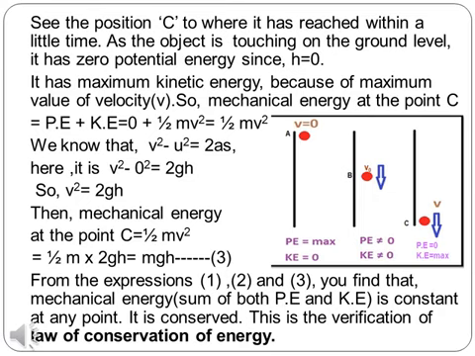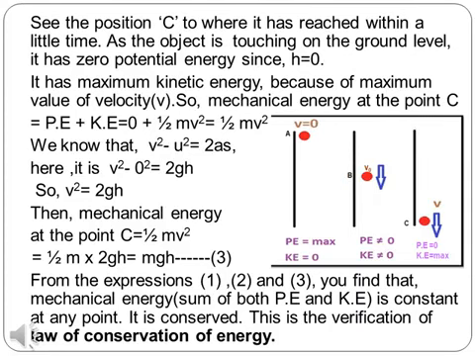So, its mechanical energy at the point C is equal to Pe plus Ke, which is equal to 0 plus 1 by 2 mv square, where v is the velocity at the point C. We have the third equation of motion, v square minus u square is equal to 2as.